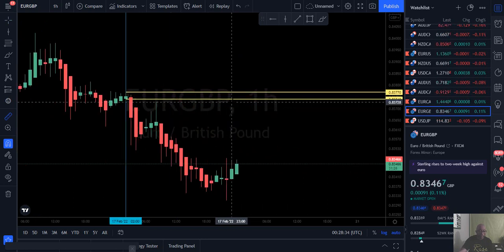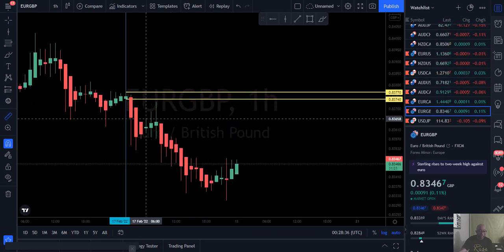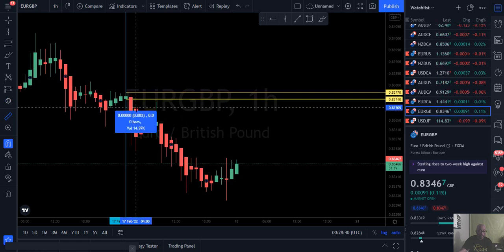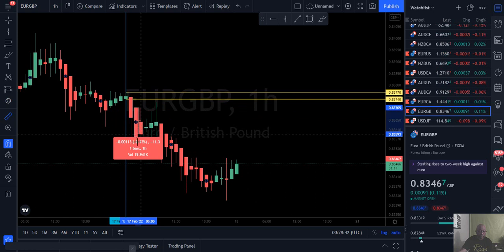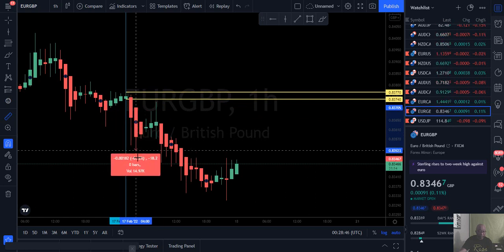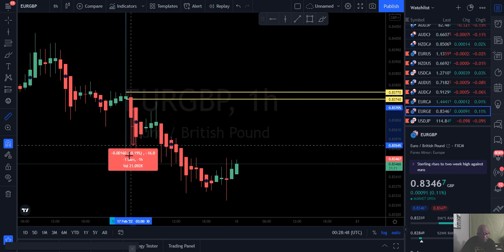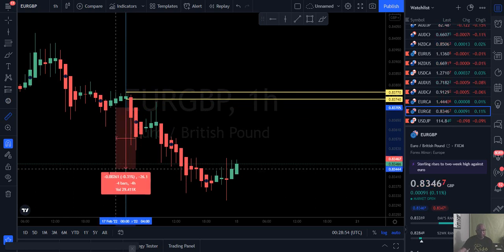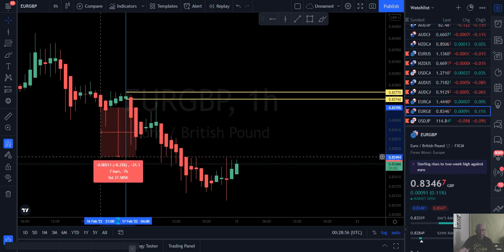Bear with me, guys, because there we go. That candle alone, yeah, about 12 or 13 pips. Actually 18, so you wouldn't be that far from 20 pips. Okay?